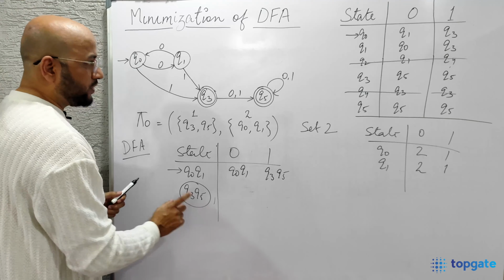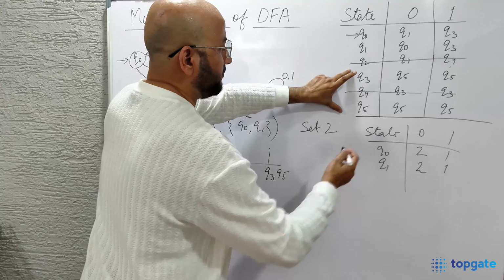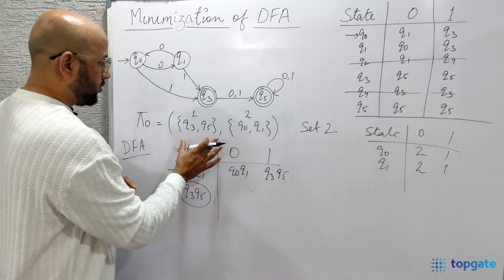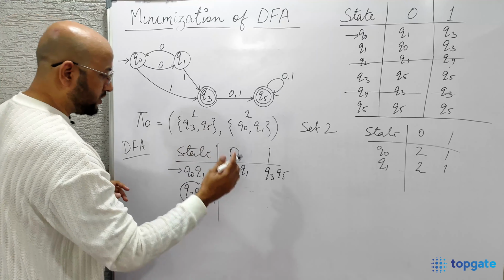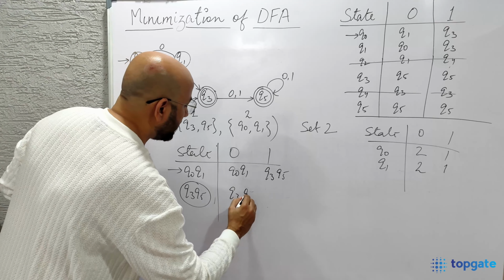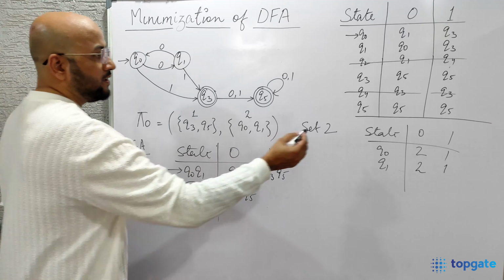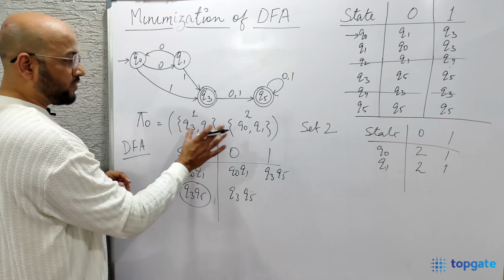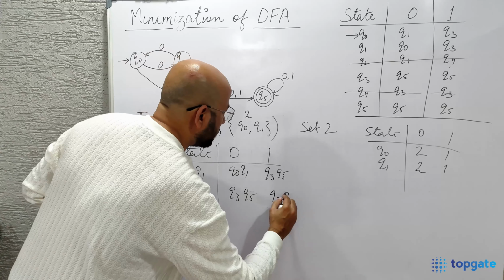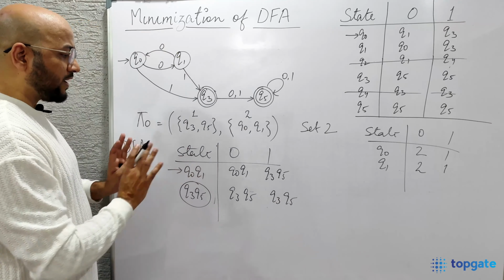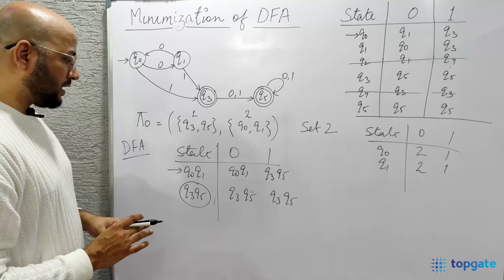Now for Q3, Q5, I have Q5. Q5 is not alone here; it is in combination with Q3, so I'll write Q3, Q5 here. Similarly, here also it is Q5, which is in combination with Q3, so I'll again write Q3, Q5 here. That is the final minimized DFA transition table.